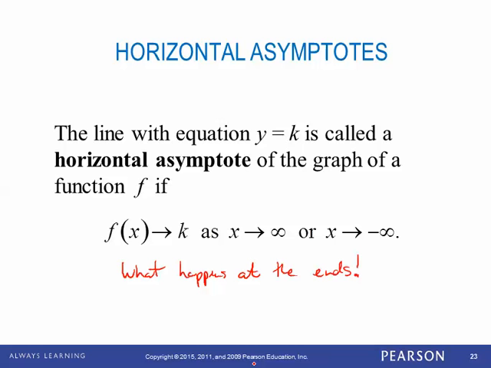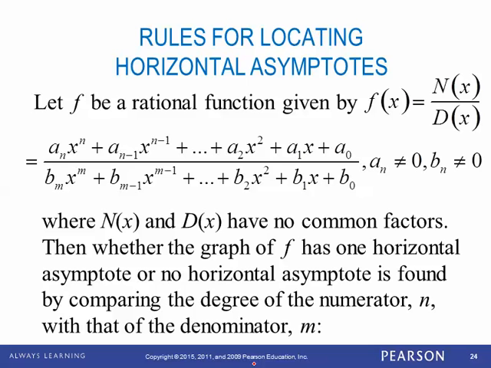Okay, but let's get to locating them. How do we locate them? In your textbook, you have this. You have n of x divided by d of x, and then remember this is the abstract way of writing a polynomial. So there are 3 different cases here. First of all, we've got to think about the degree of the numerator.